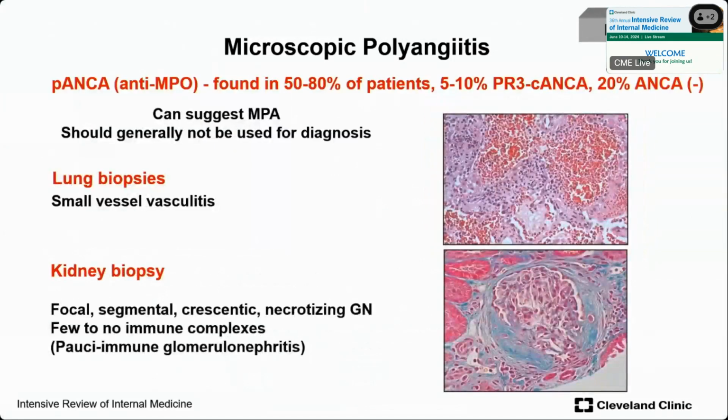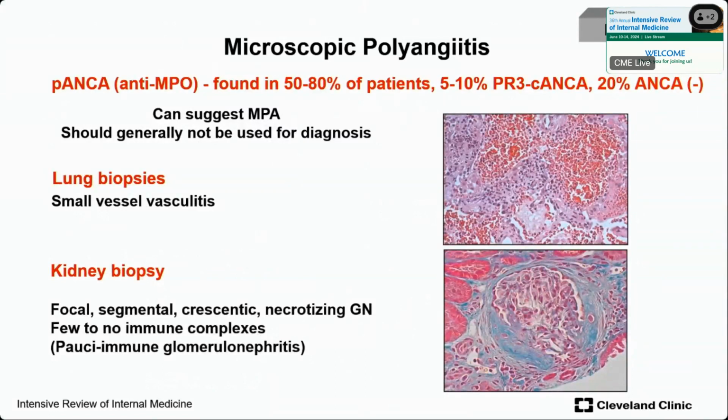In diagnosing microscopic polyangiitis, in contrast to what we talked about with granulomatosis with polyangiitis, this is predominantly an anti-myeloperoxidase P-ANCA associated disease in which we can see this present in 50 to 80% of patients. We can also see 5 to 10% that have proteinase 3 C-ANCA, and again, up to 20% may be ANCA negative.